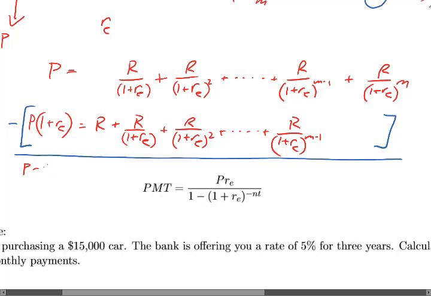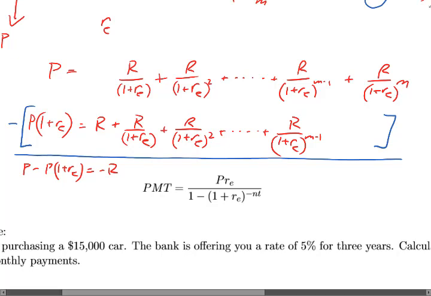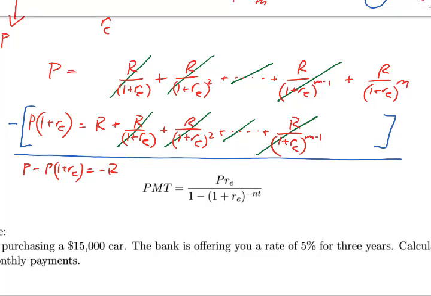And so you end up with, on the left hand side, P minus P times 1 plus RE equals negative R. And then note that this term will cancel with this term, minus this term minus this term. All of these terms minus all of these terms, and then this term minus that term. So pretty nice. Only two terms survive, the first and the last.